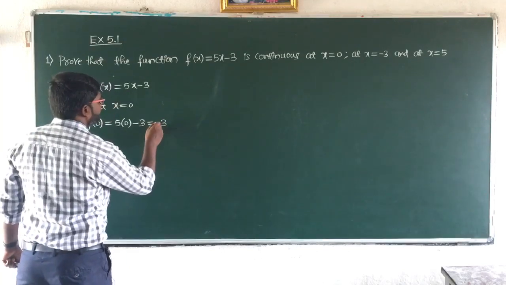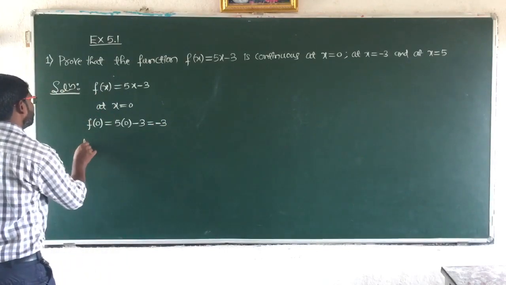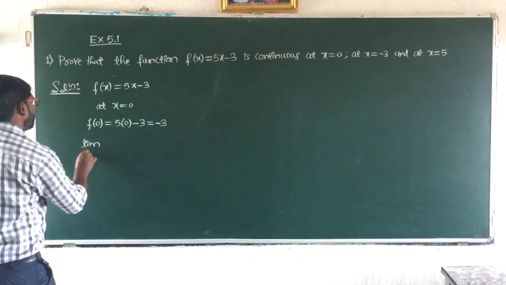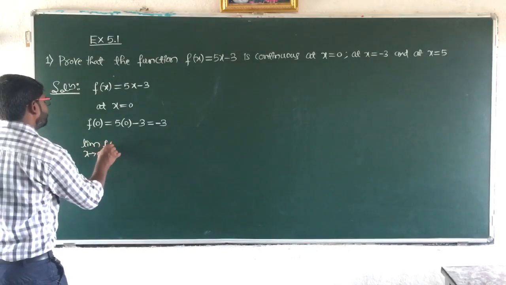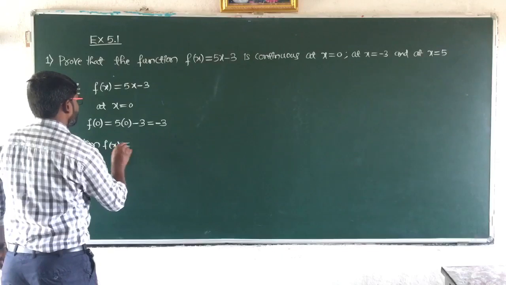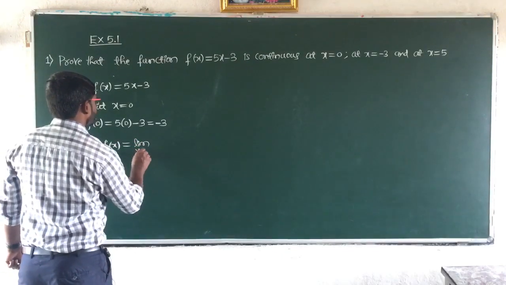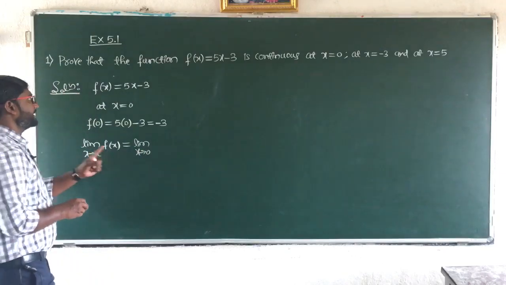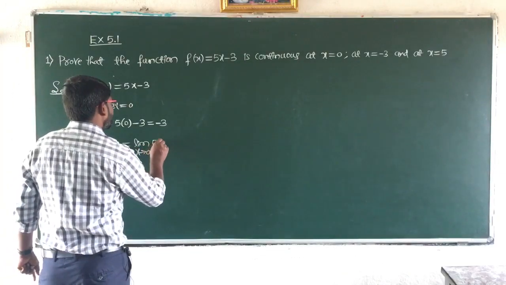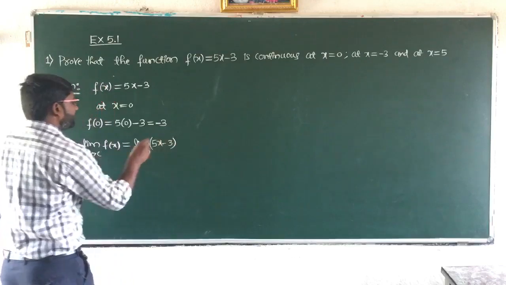Then we will go for the limit of the function. Limit x tends to c f of x, which is equal to limit x tends to 0 of f of x, which is 5x minus 3. So apply the limit now.